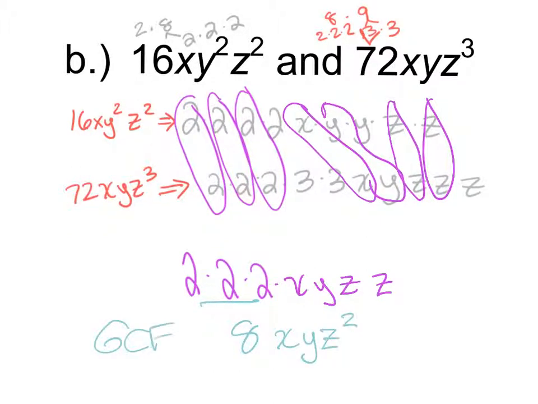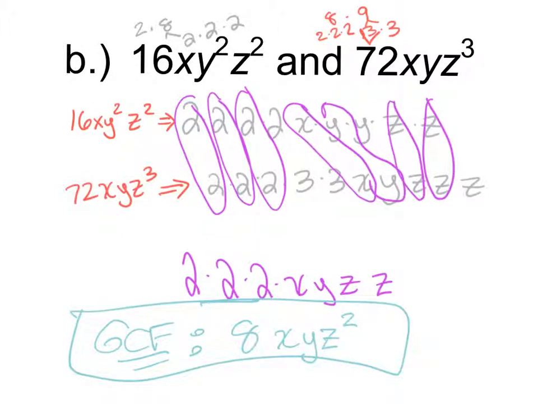That's the greatest factors that we have in common. Looking at it without having to write it out, you do the numerical part, or you can ask yourself, what is the largest number that goes into 16 and 72? 8 goes into both of these. 9 does not. 10 does not. 12 does not. So 8 goes into both of them. That's where 8 comes into play.